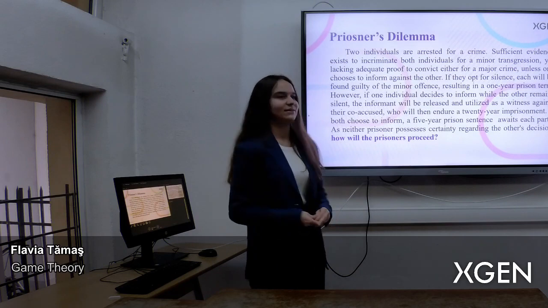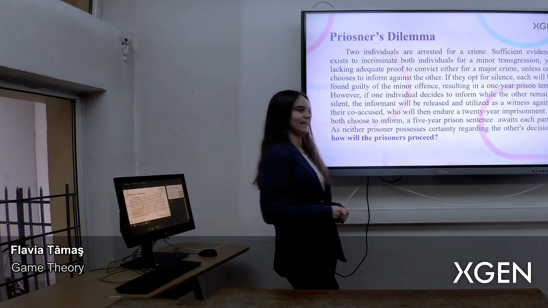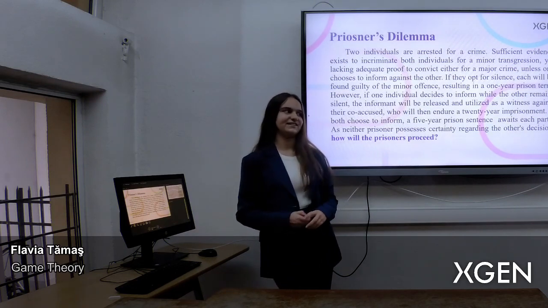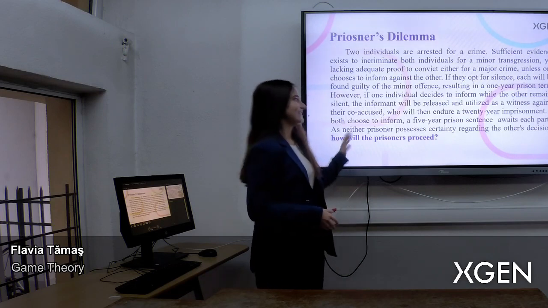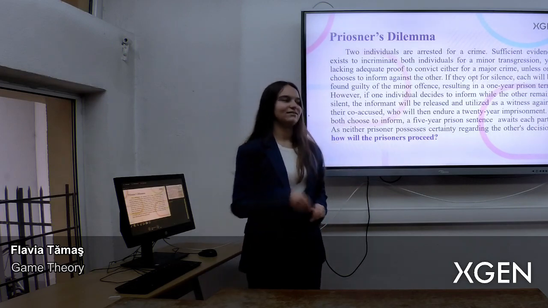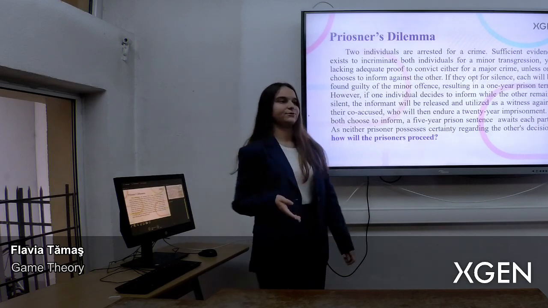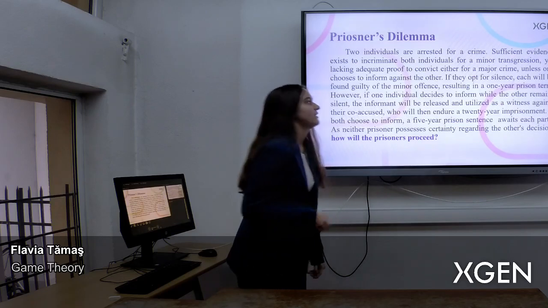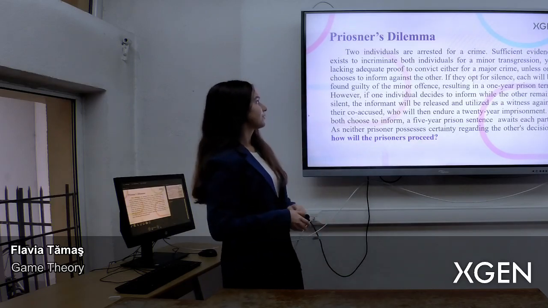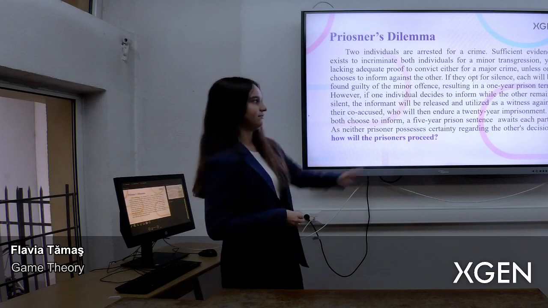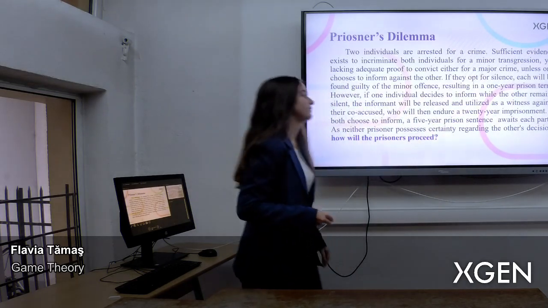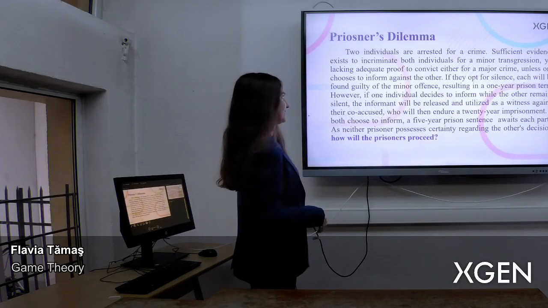And now the most well-known game theory problem, called the prisoner's dilemma. And here is the text. So we have two prisoners that were arrested for a crime. If they opt for silence, each of them will have a 1 year imprisonment time.